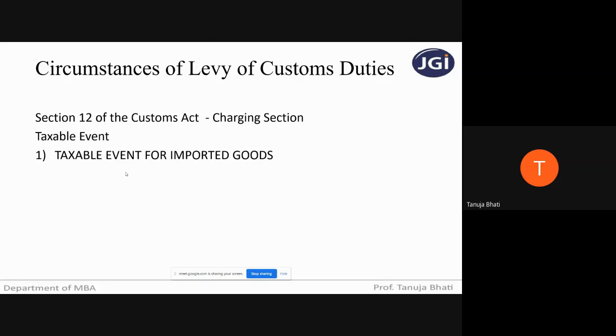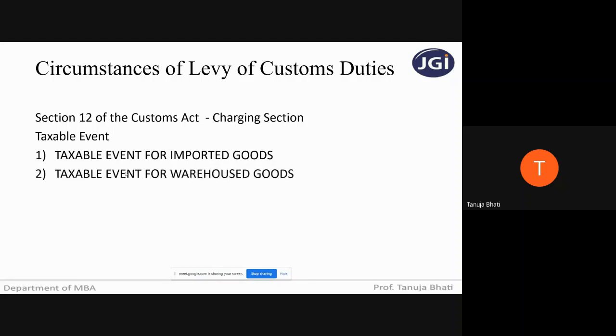Once the person is ready to take the goods from the custom barriers for his home consumption, that will be the taxable event. No custom authorities will allow any person to take the goods without paying the custom duty from the custom barrier to his house or to his factory or to his production unit or to his business unit. So the taxable event is the date on which the goods are crossing the custom barriers in case of imported goods.